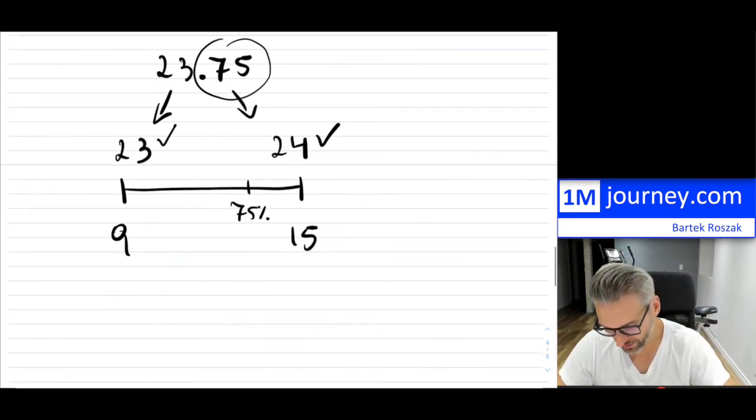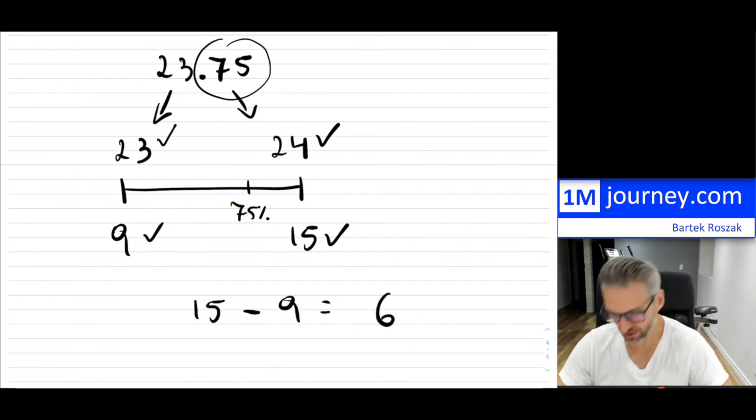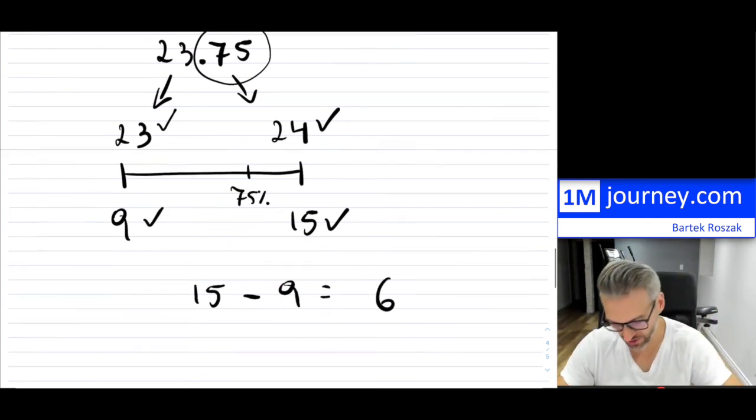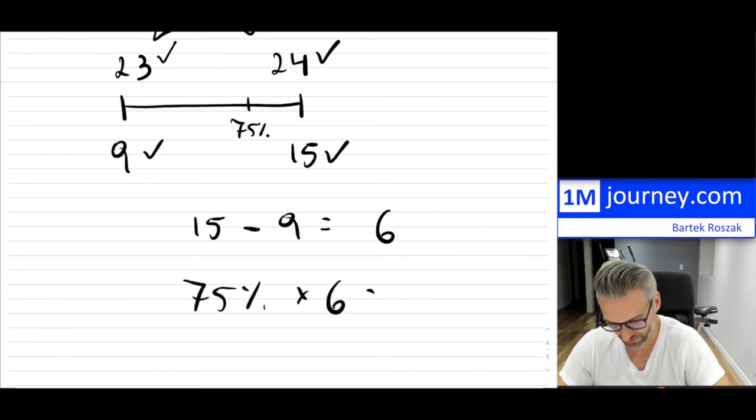So what is that? Well, you will take 15, the data value, minus 9, so that is 6. So that length is 6, and you're taking 75% of 6. Within that, that's going to be 4.5.